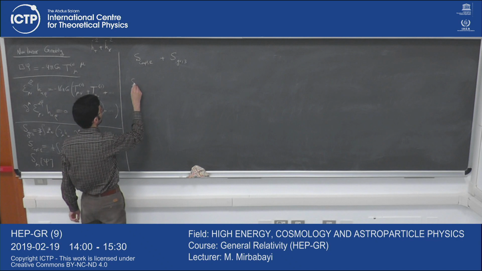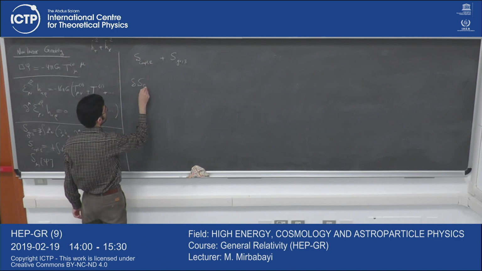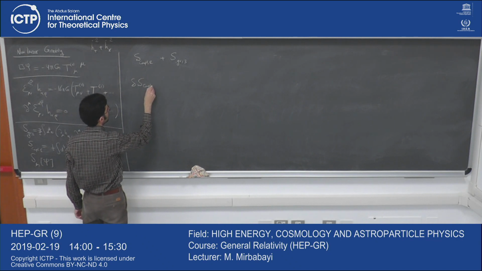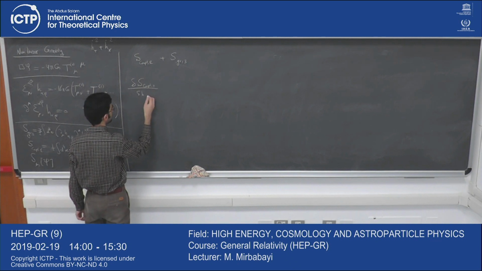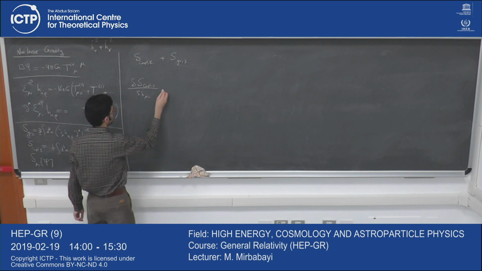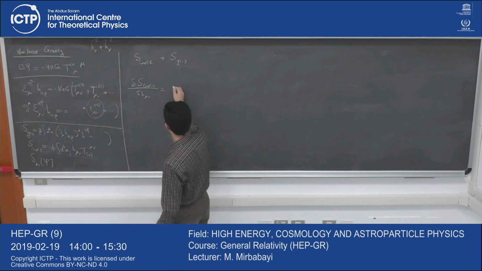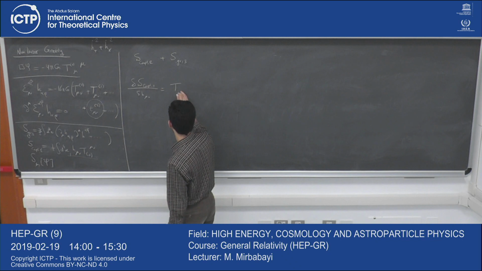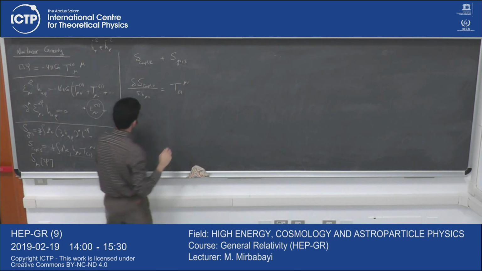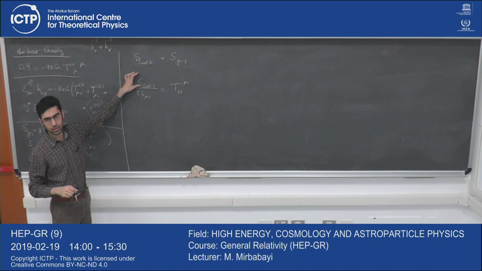So that when we take the variation of this S coupling 2 with respect to h mu nu, that gives me this T mu nu 1. So the action is quadratic in h.